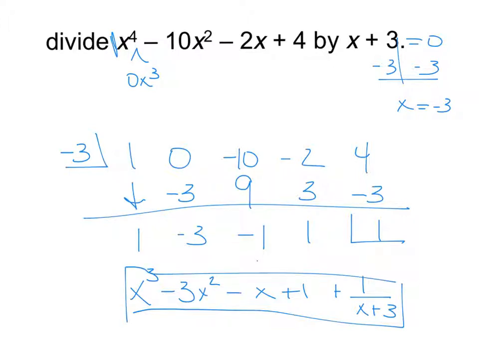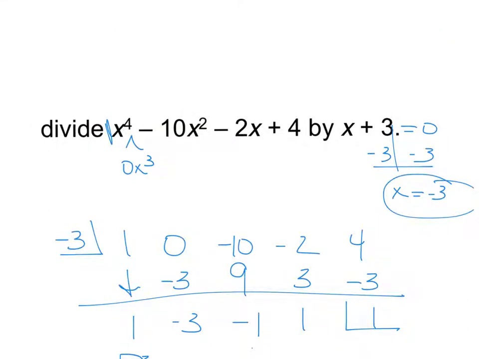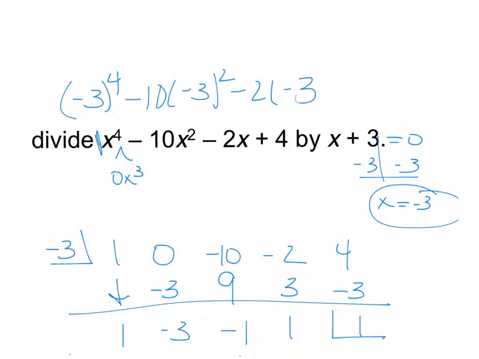Okay, so now the cool thing that you can do right now is you can actually check your answer by utilizing the remainder theorem. So if you notice up here you solved for x already and got -3. So what you can do to check yourself is plug in -3 for every x value. So -3 to the fourth minus 10 times -3 squared minus 2 times -3 plus 4.